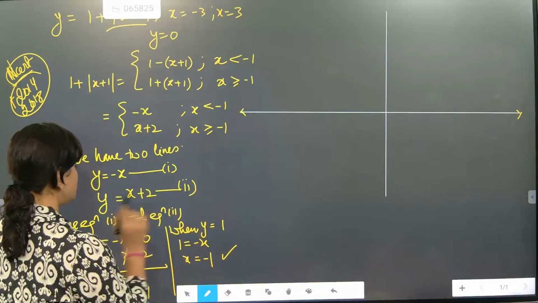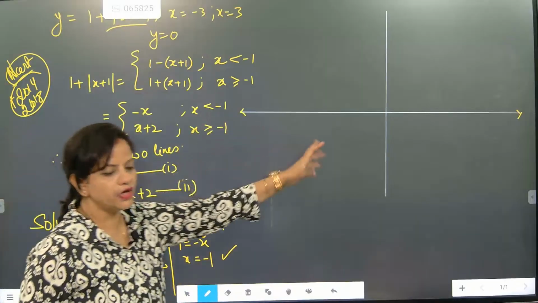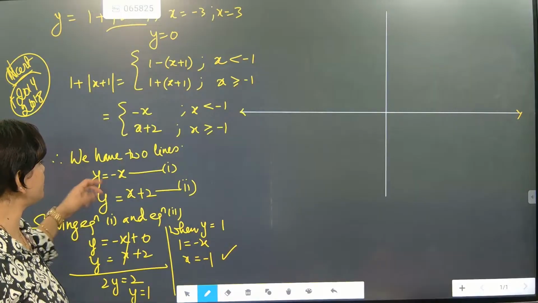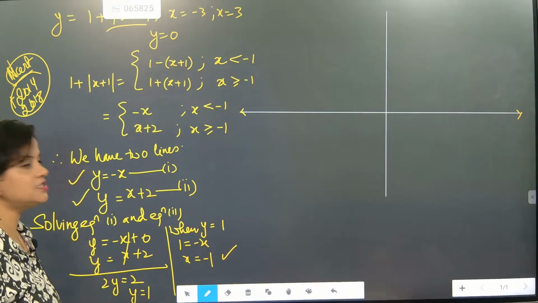So therefore two things are there. Parallelly I am doing two works. First I am drawing it, and second I am finding the intersecting point, because this is one line and this is another line.